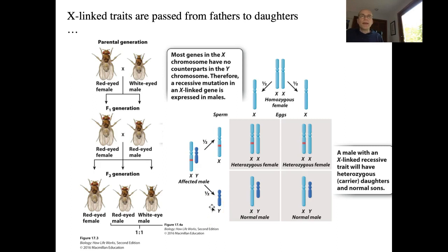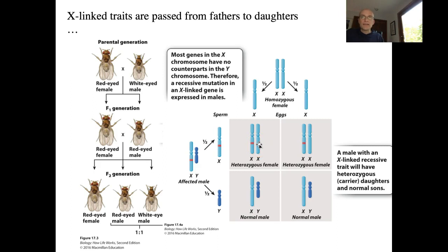So if a male passes down this trait, then all of his offspring that inherit his X chromosome, that means all the females, will inherit an X chromosome with this trait and an X chromosome from the mother with, in this example here, the wild type trait, so not with the mutation.